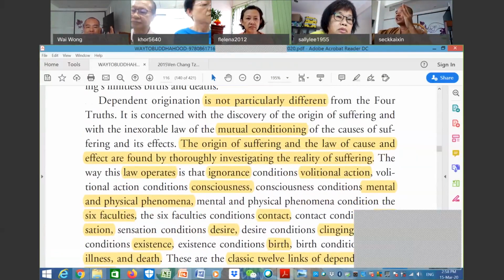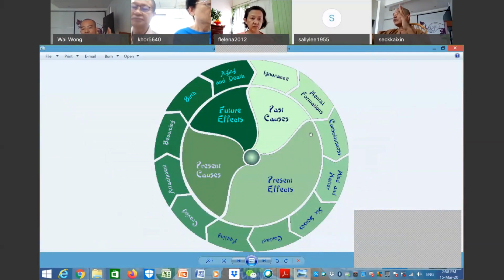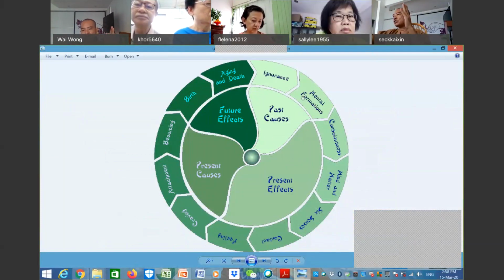One of the keywords is mutual conditioning, meaning that ignorance will condition the volitional actions. What does it mean? By having ignorance, ignorance will condition the mental formations, and the mental formations will condition consciousness. Without the mental formations, consciousness cannot arise. Without ignorance, mental formations cannot arise.